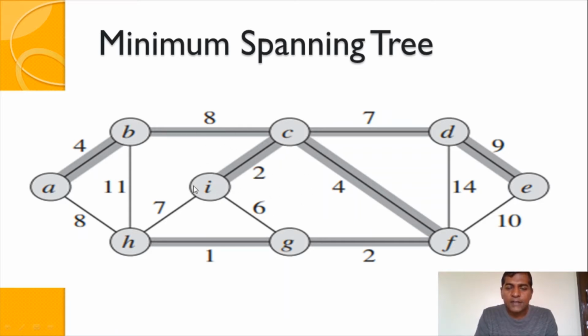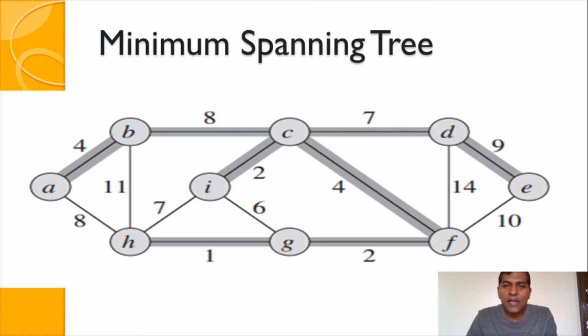But we have darkened some of the edges here. So this is A to B, B to C, C to D, D to E, C to F, C to I, and F to G, G to H. So only these edges are selected. These are shaded in gray to represent that these are the most valuable edges, which we count in the minimum spanning tree.